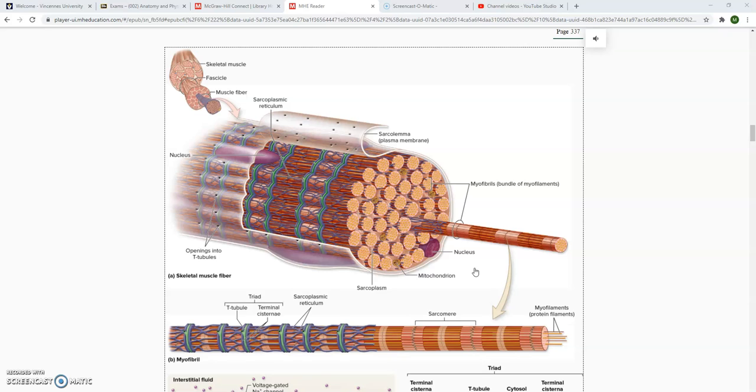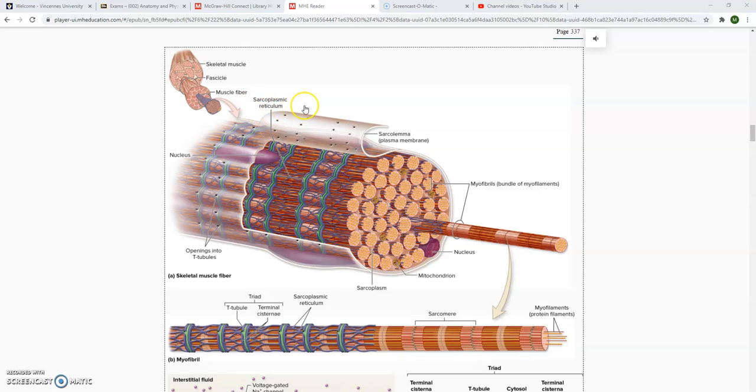The next structure that you will see, again, not something that you see in other cells, is this blue mesh that you see surrounding. You can see it on the surface of the myofibrils here. You can see it completely surrounds these myofibrils, and that blue mesh is called the sarcoplasmic reticulum.